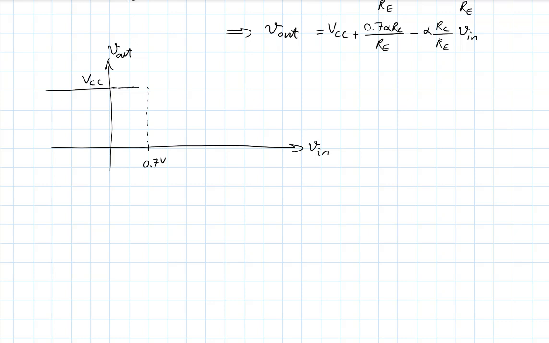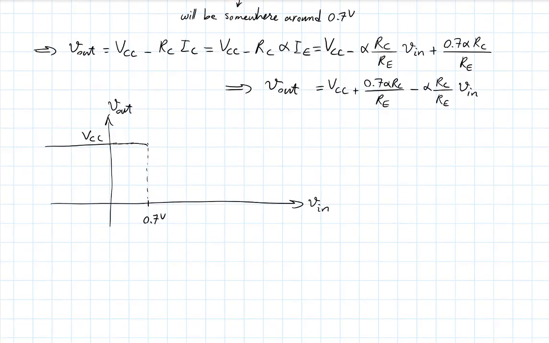And before that, at some point, you would start feeling this gradually. By the time that's 0.7, that has more or less turned on. And you see that if you put Vin equal 0.7, that equation will just still give you VCC within this approximation. And beyond that, then, you have a linear decrease.